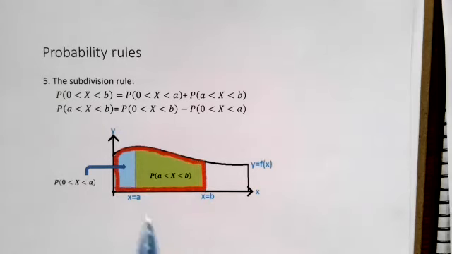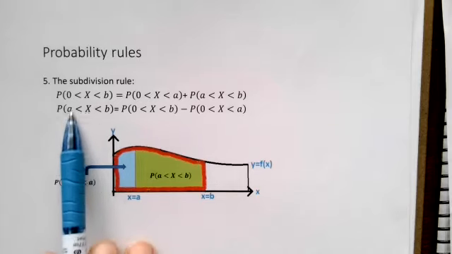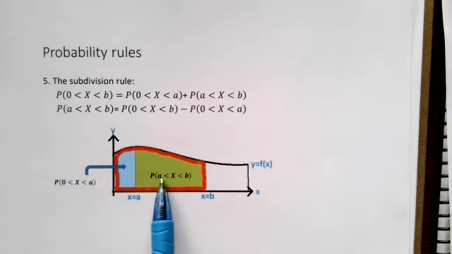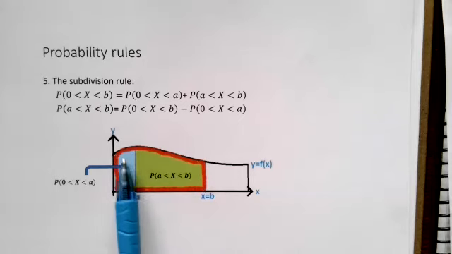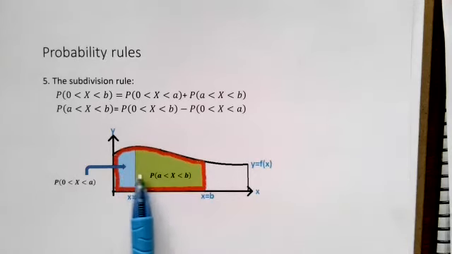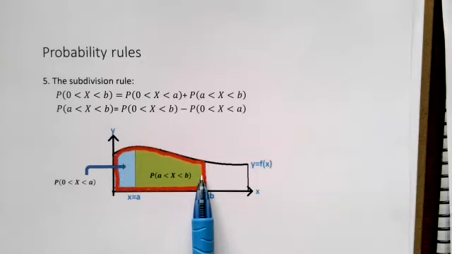Now, the probability that x is between a and b: if we know the area highlighted in red, and we know the area in blue, then we can take the red piece and subtract the blue area, and that will give us the area in green.